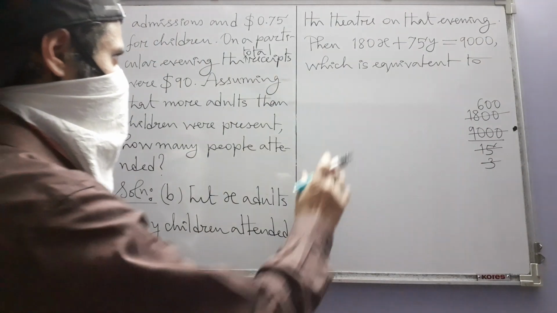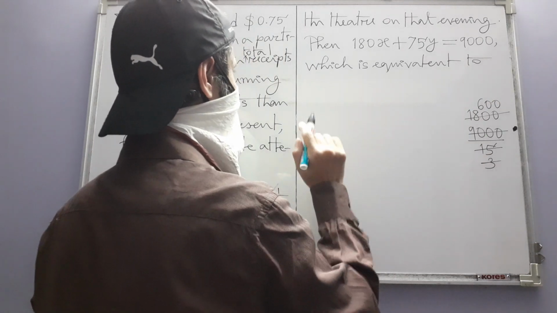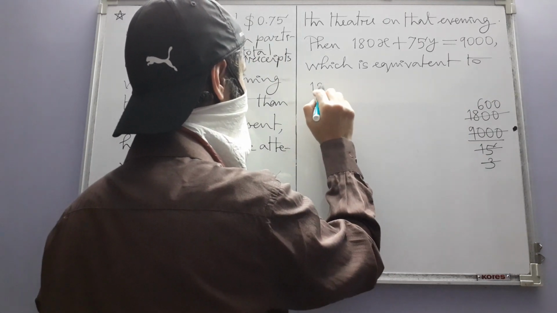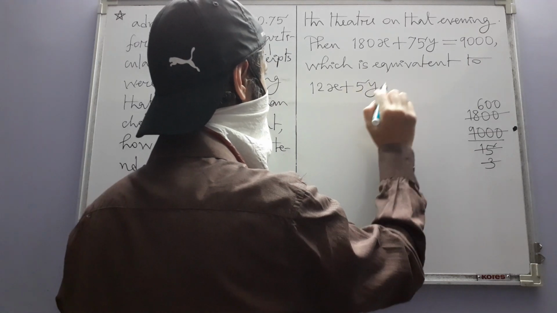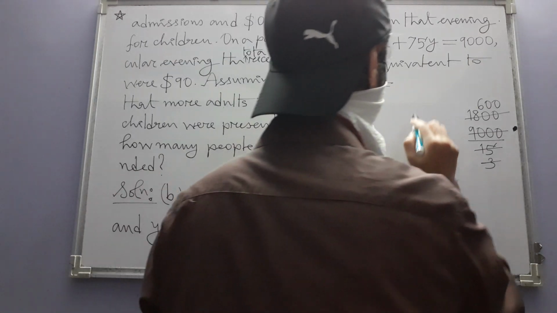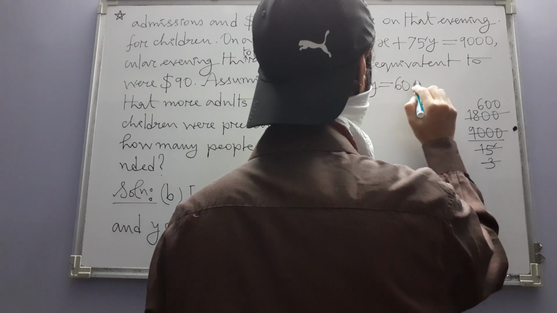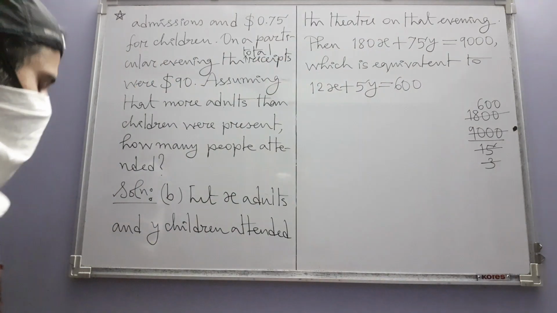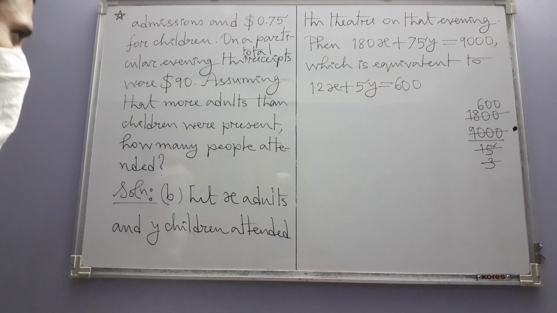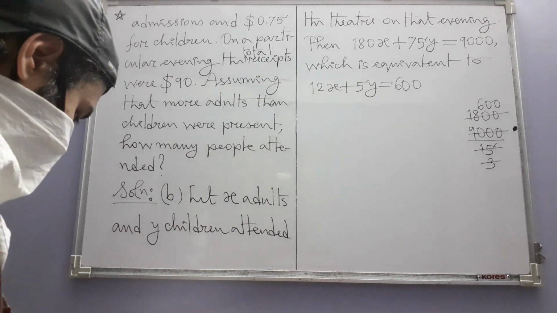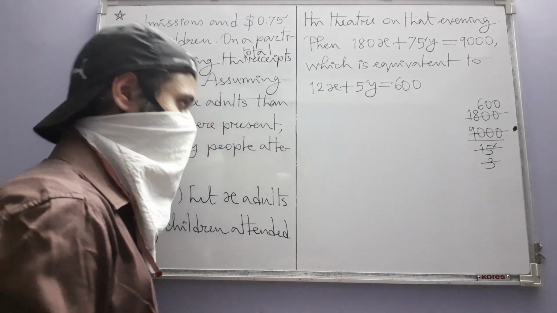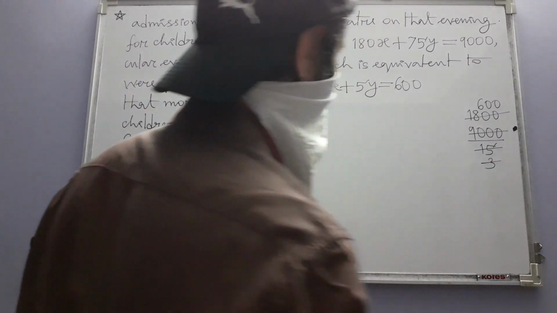Anyway, let me just write the equation, finally what we will get. This is equivalent to this. Okay. What I have here is I have written 90 here, but this of course is not 90.